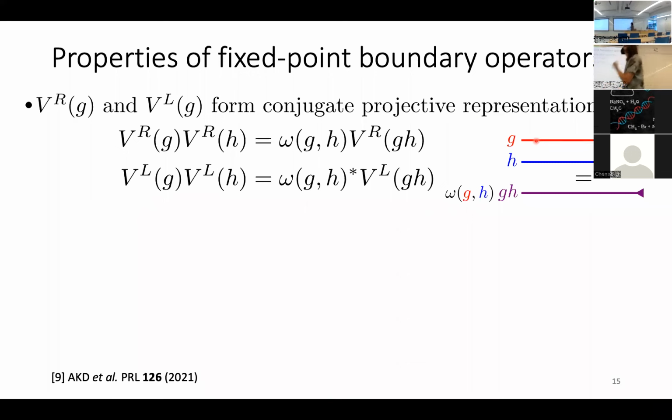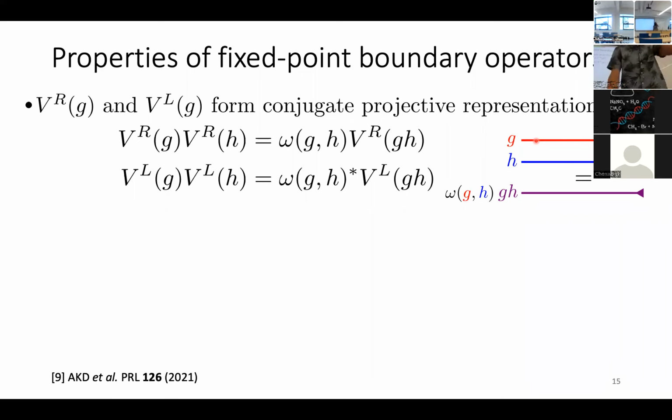Well, this V left and V right form conjugate projective representations, in the sense that if I take the product of semi-infinite strings, with boundary operators truncating them at the right end, I can fuse the two strings and I get the string operator corresponding to the product of the two group elements, up to some phase. And if I did this for a semi-infinite string extending to the right, I would get the complex conjugate of the factor system that corresponds to the SPT phase that I'm interested in.